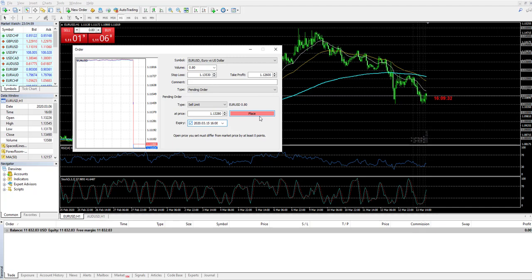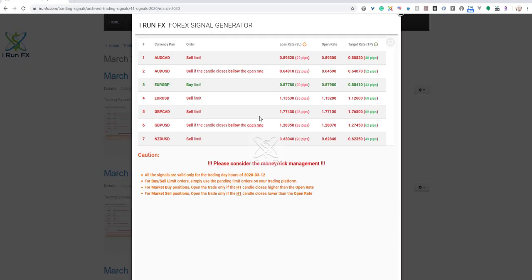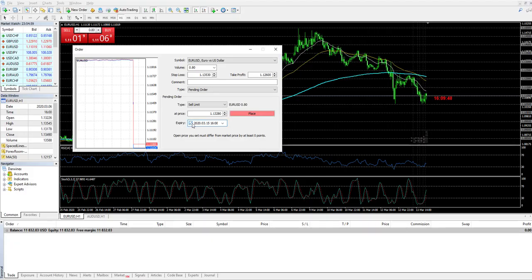But you need to consider this is a daily trading signal. That means these signals are valid for a specific day. For example, this signal is provided for 12th of March. So I highly recommend you set the expiry time for this order you're placing.